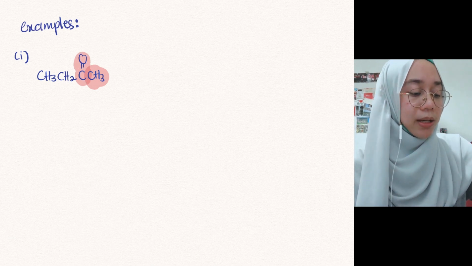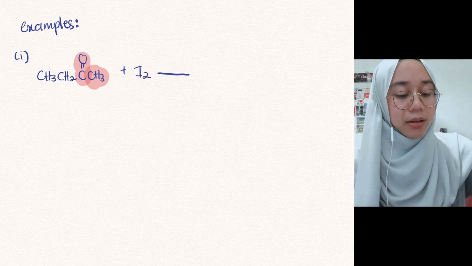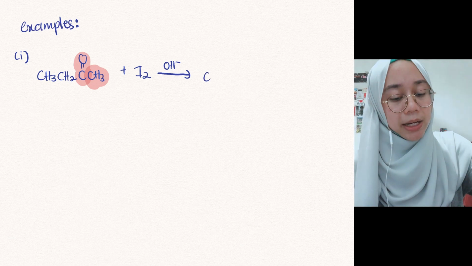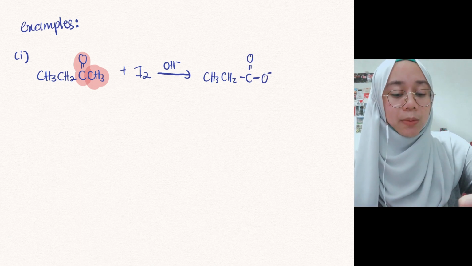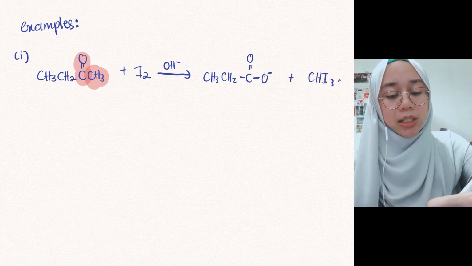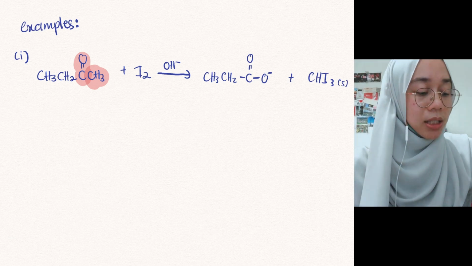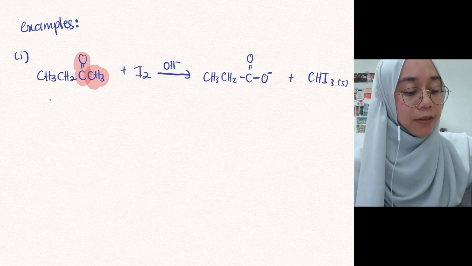Bila kita reactkan dia dengan iodine in hydroxide ion, kita salin je balik everything, CH3CH2 termasuklah C double bond O, except for the methyl part. Sini kamu ganti O negatif, and then the methyl part akan change into triiodomethane.